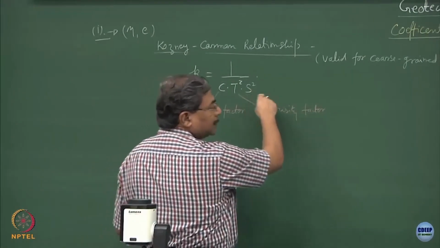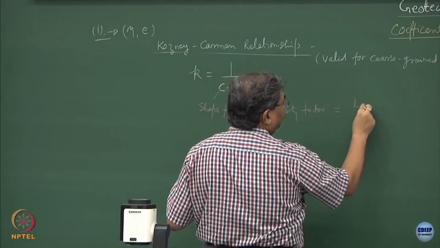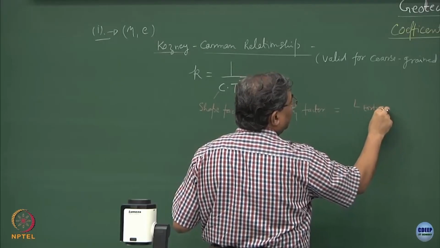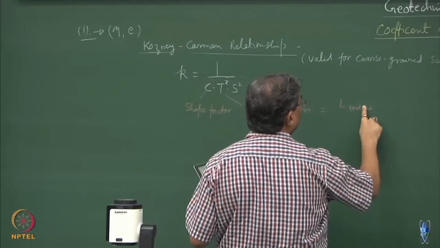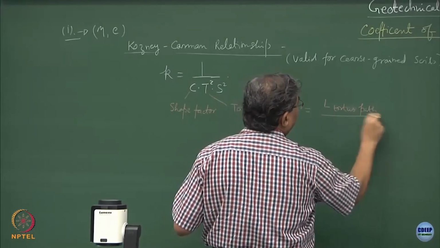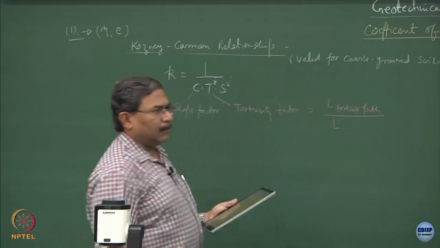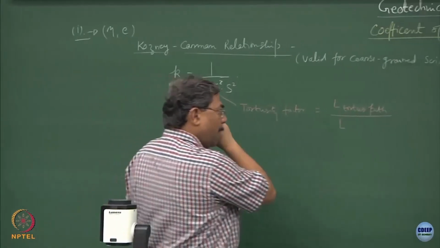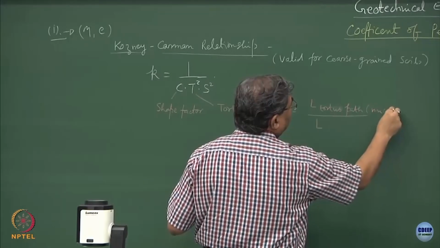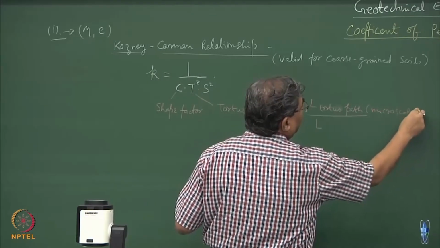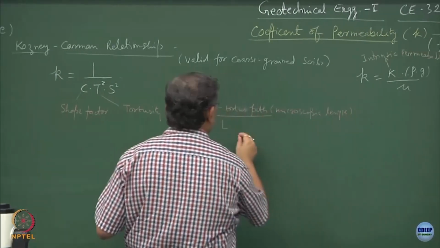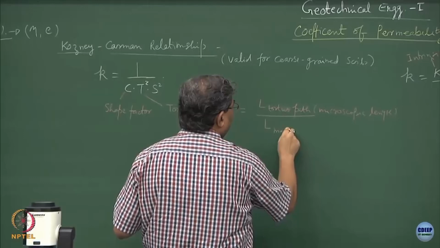Tortuosity factor is the length of the tortuous path divided by L, the physical length. The tortuous path is nothing but the microscopic path or microscopic length, and this is the macroscopic length.